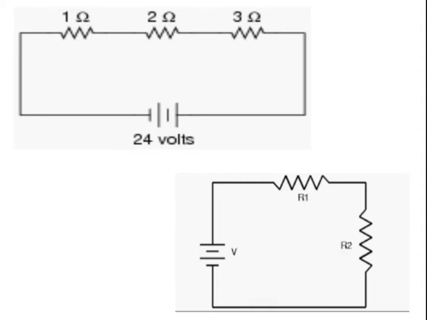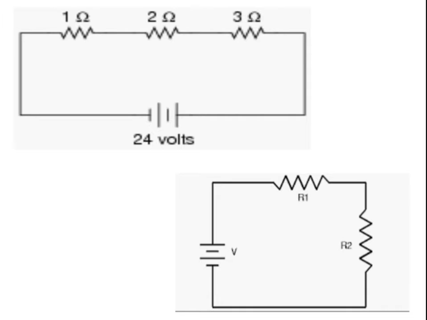So in a series circuit, when there are two resistors, one end of these resistors is attached to each other without being interrupted by any other resistor, and the other end of these resistors is attached to the opposite ends of the battery. Now let's see the second image.